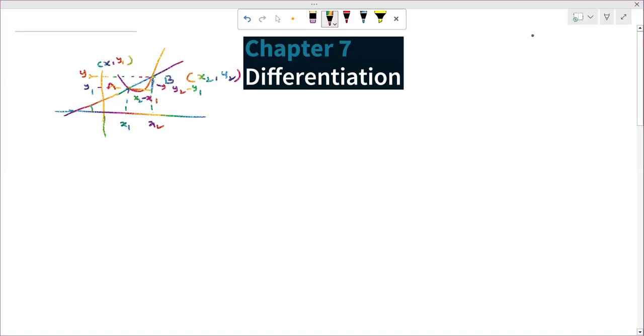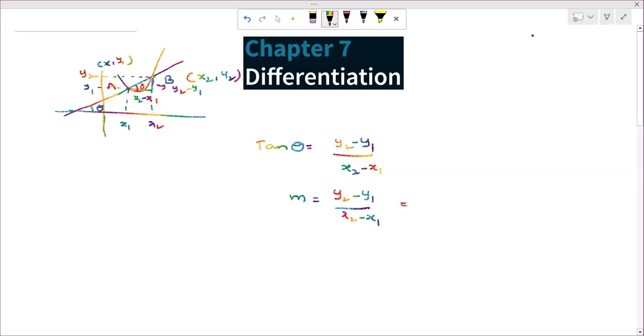This angle is theta. Tan theta is opposite by adjacent, so the gradient is (y2 minus y1) by (x2 minus x1).